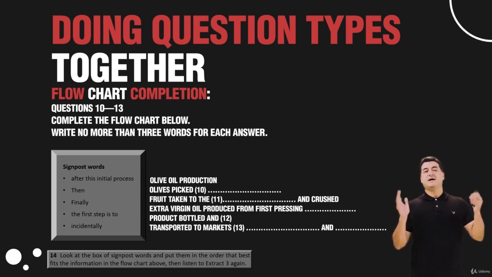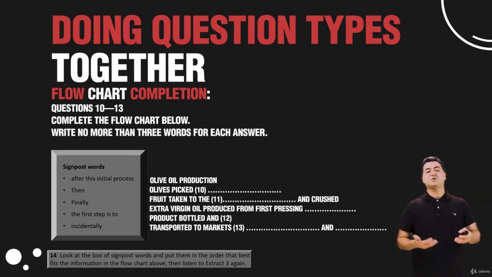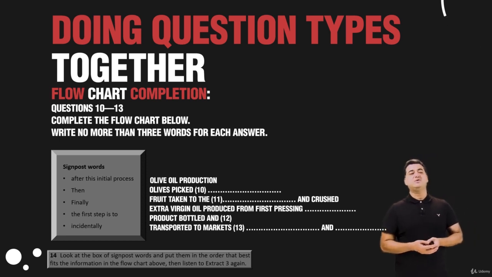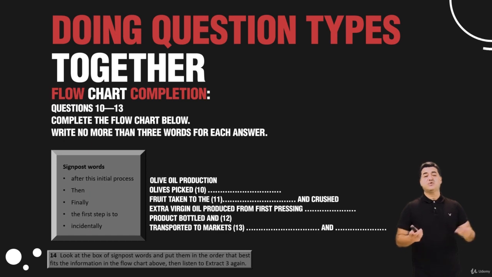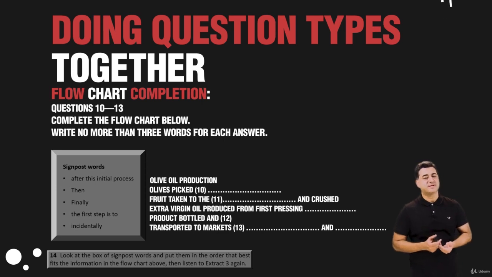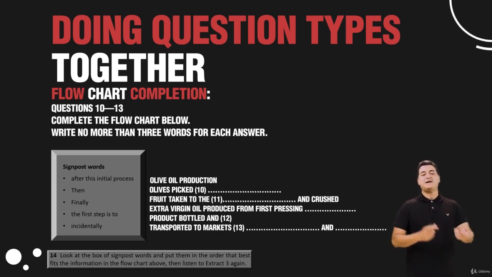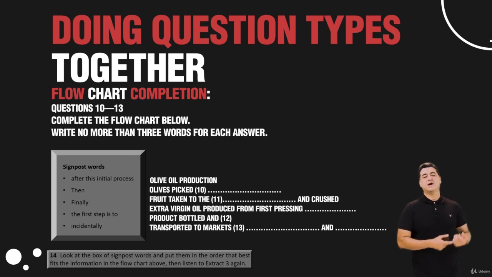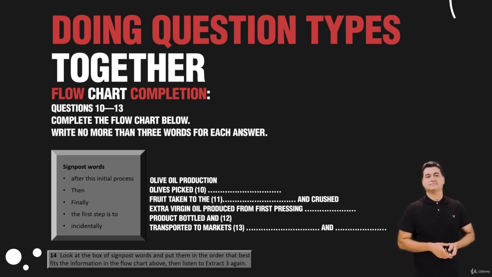So basically, the article is about the production of olive oil, and your answer has to be no more than 3 words. So just have a look at the blanks first. Olives picked, dash, fruit taken to the dash and crushed, extra virgin oil produced from first pressing, product bottled and dash, and transported to markets, dash and dash. So the signpost words are already given here. Have a look at them briefly. Let's play and let's find out.